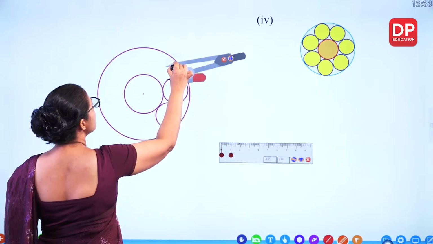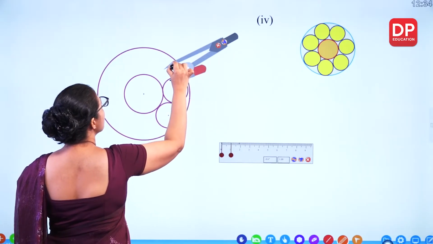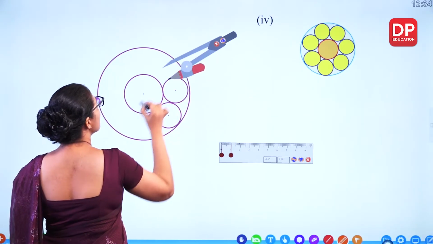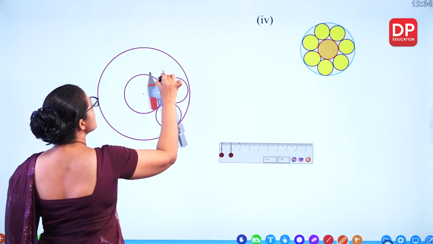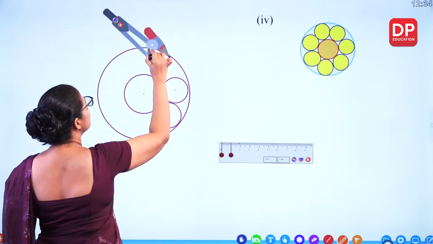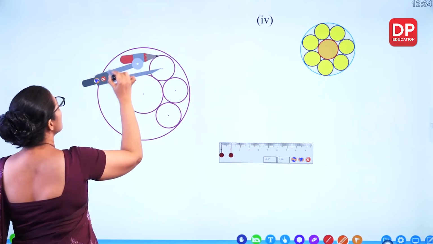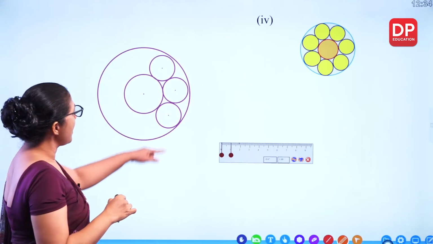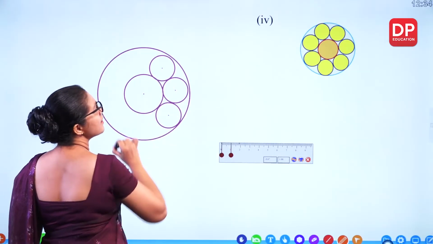You can try out that. I'll draw one more circle. Okay, so here like that you draw around and color this.